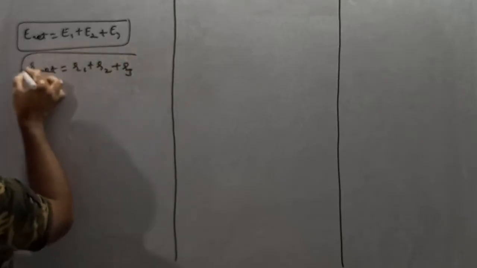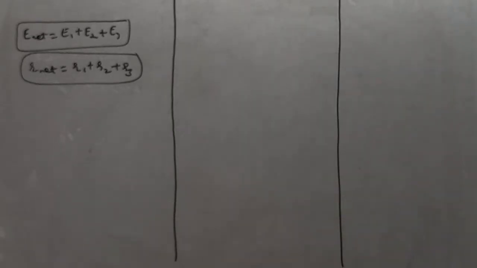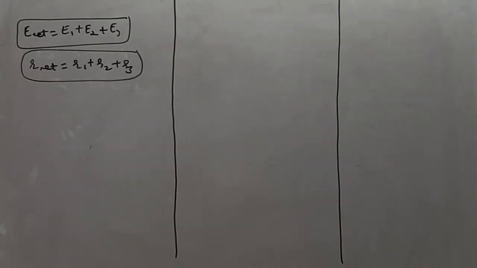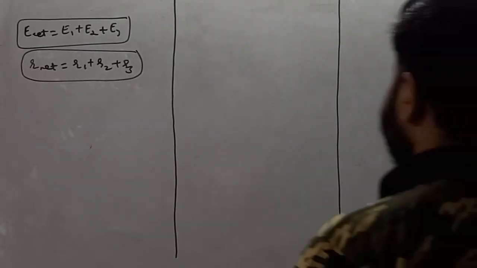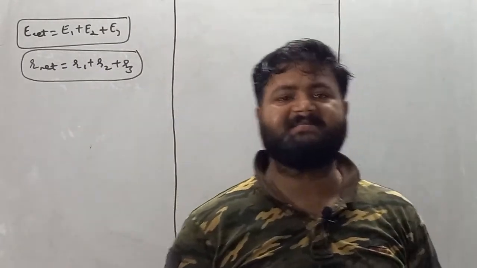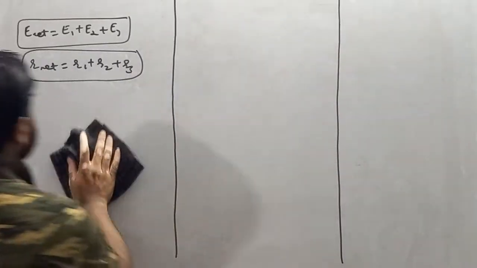If internal resistance of the circuit increases, then current is not increased, because if resistance increases, then current, my dear student, decreases. So we can say that in series combination, if batteries are connected, then EMF is increased, but along with EMF, internal resistance also increases. Then we'll go for parallel combination of batteries.